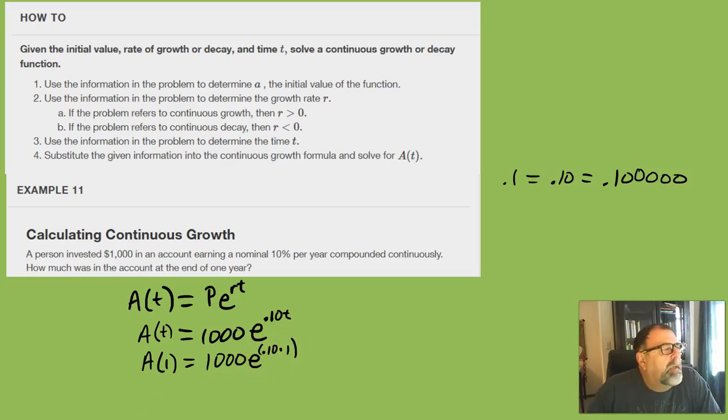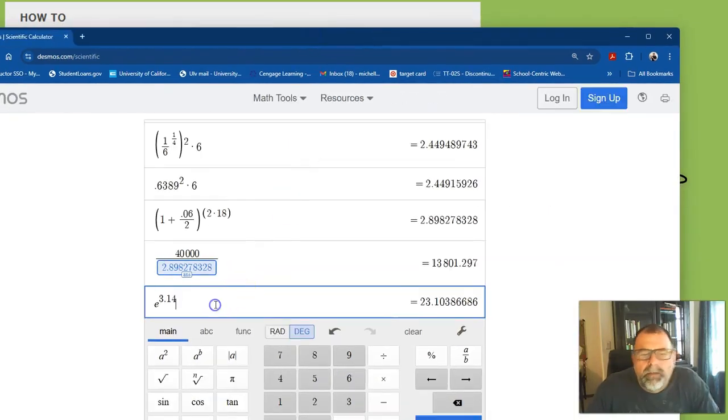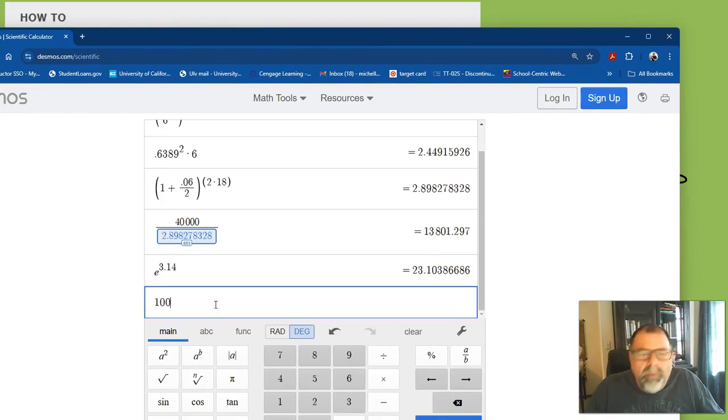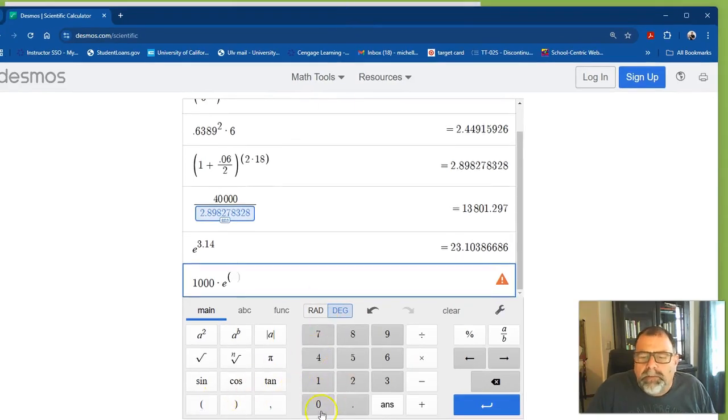And we're going to punch that into our Desmos calculator. Let's see here. Enter. So it was 1,000 times e to the power 0.10. Now, make sure with your calculator you probably need the parentheses. I don't think we need it here. For Desmos, I think you can handle it. Times 1.